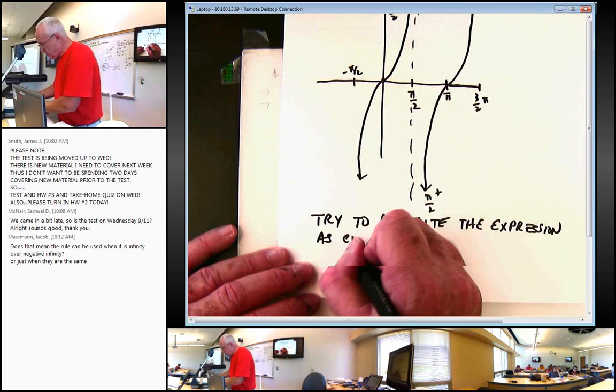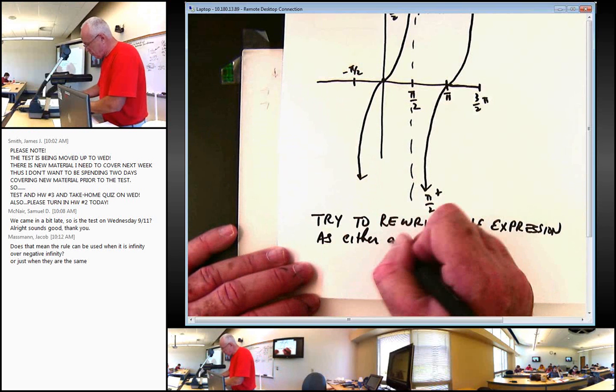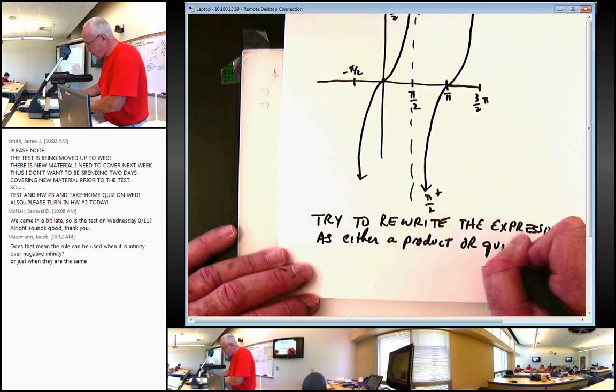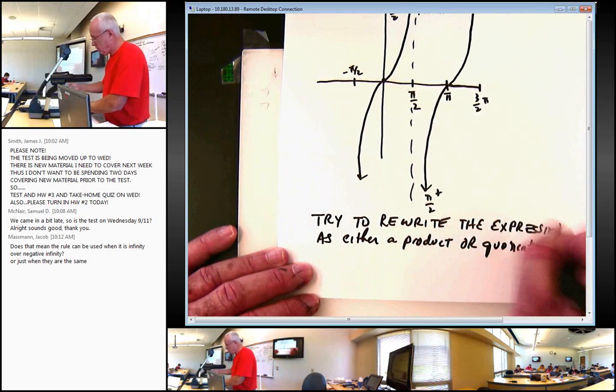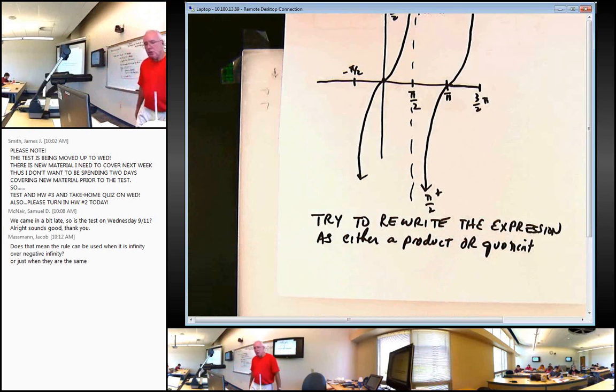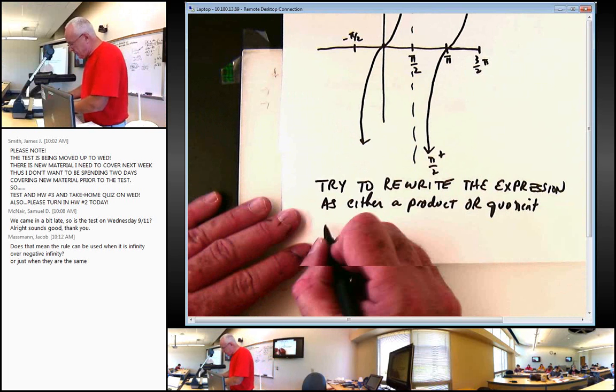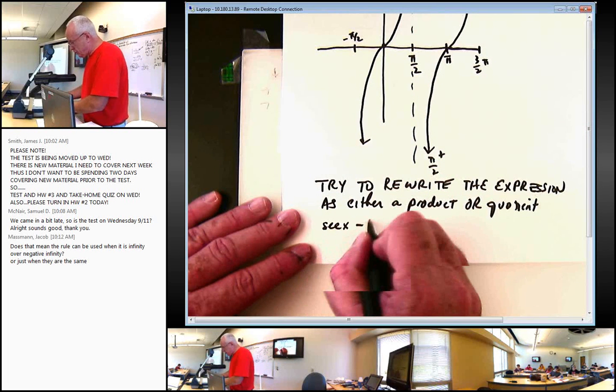So what our expression here is secant of x minus tangent of x.